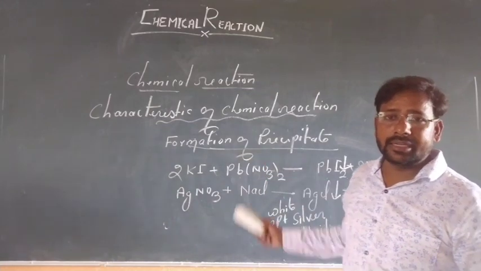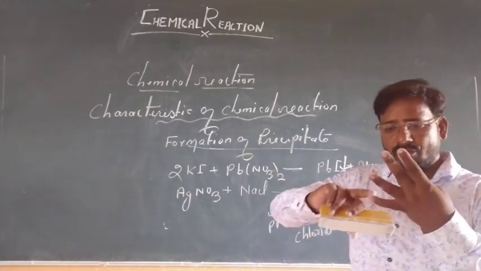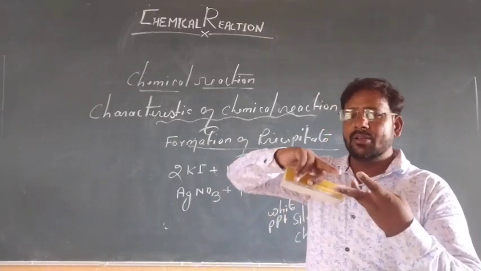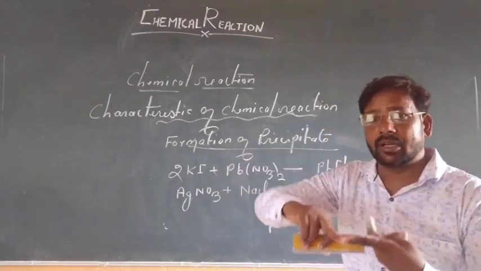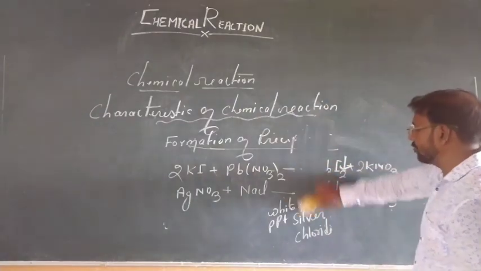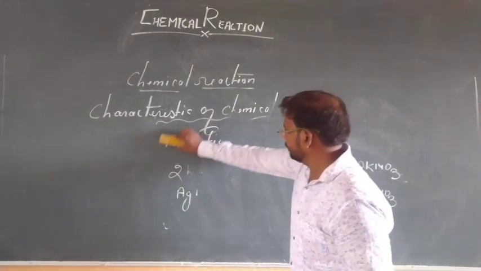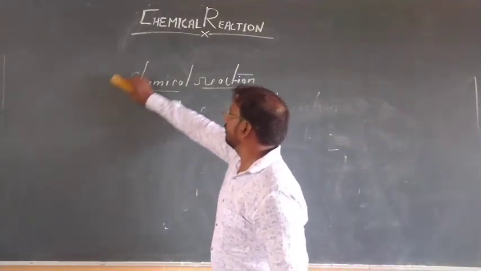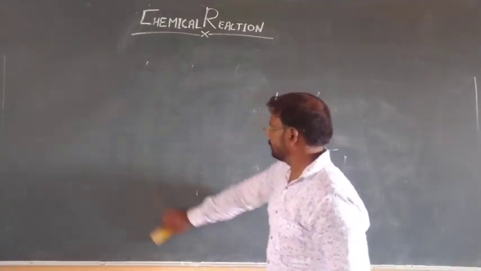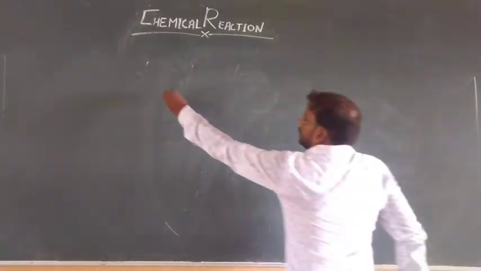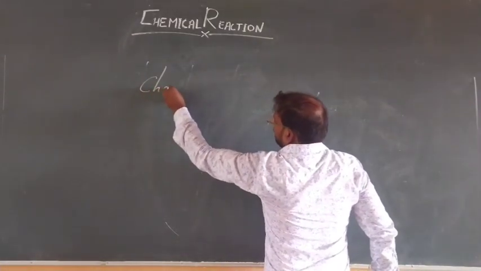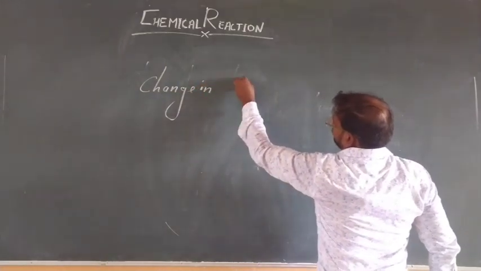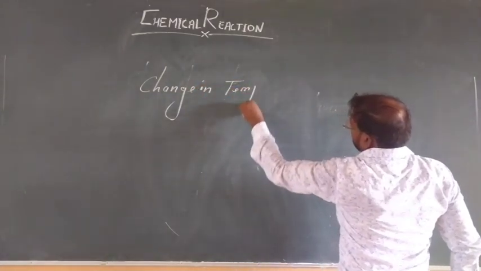So already we have discussed 4 characteristics: formation of new substances, evolution of gas, formation of precipitate, changing color. The last one is very important: changing temperature.